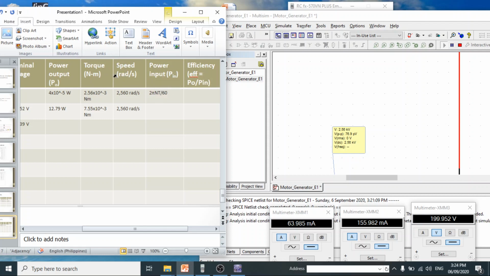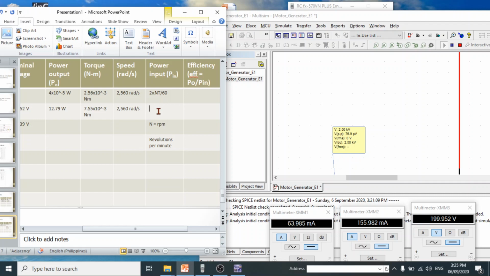So meaning to say we need to convert the radian per second unit into RPM. So take note, N is in RPM. Okay, RPM means revolutions per minute, so this should be the unit of the speed.